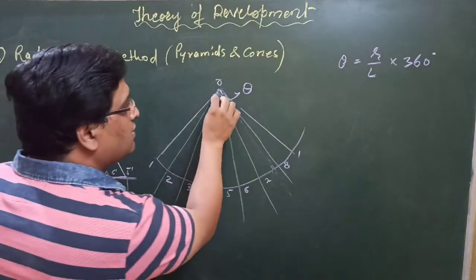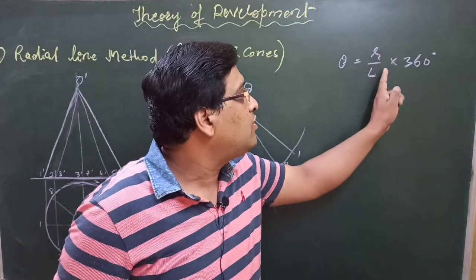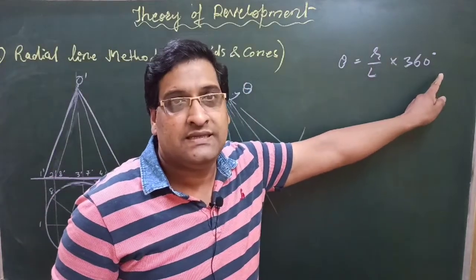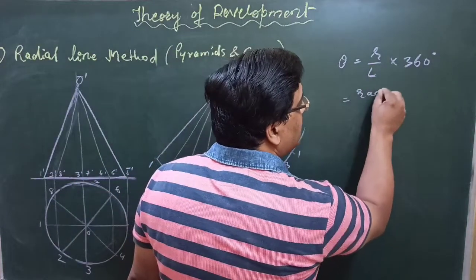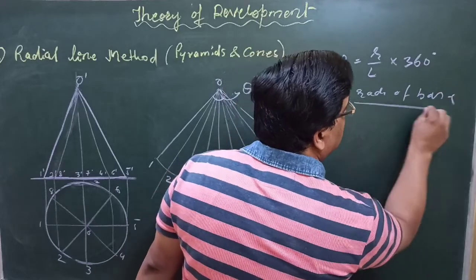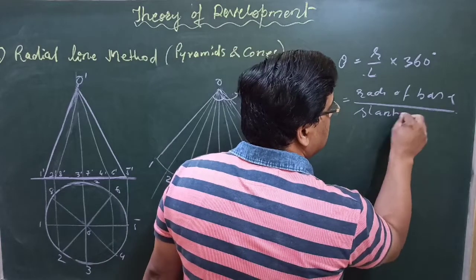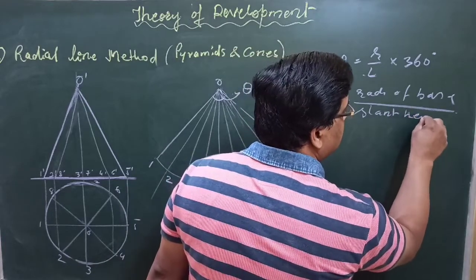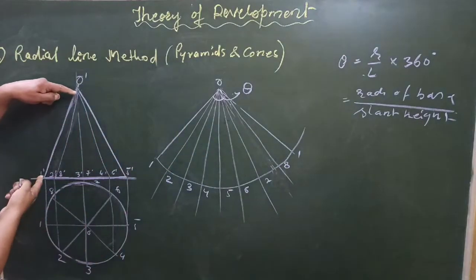Then you have to take one angle theta, where this theta is equal to R upon L into 360 degree, where this R is the radius of base and this L is the slant height of the cone, this height.